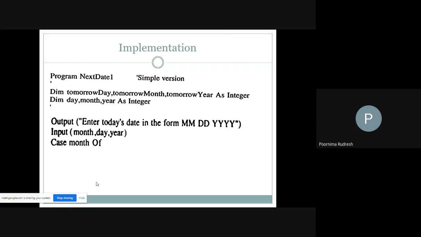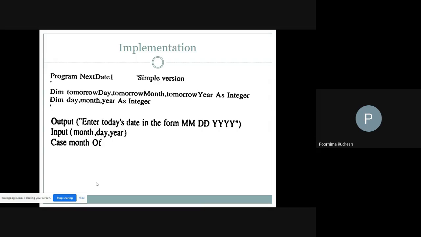And for the example of tomorrow year, if I give the date as December 31st, and we increment the value by 1, then what happens? The month changes as well as the year. So if I give the date as 31st December 2019, then once it is incremented, it becomes January 1st.